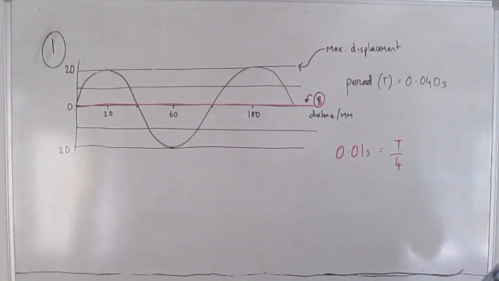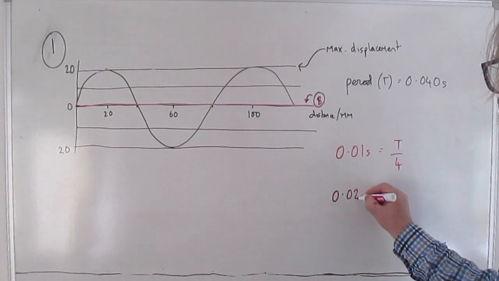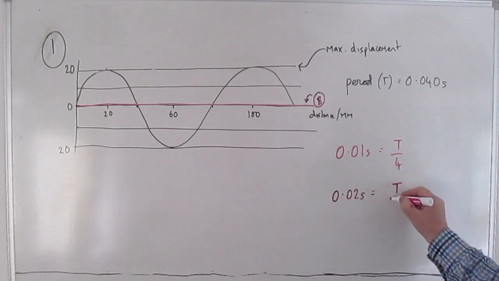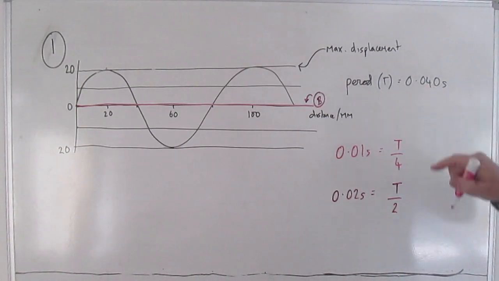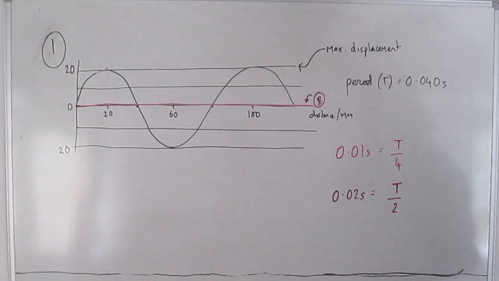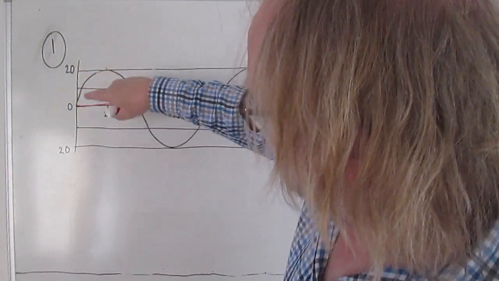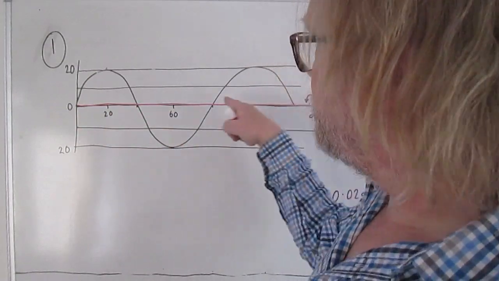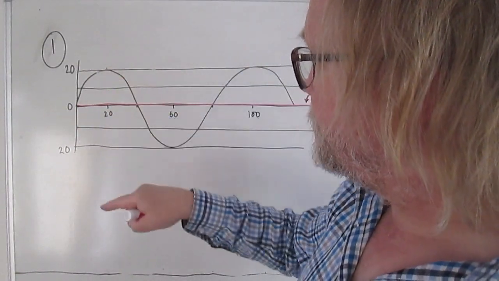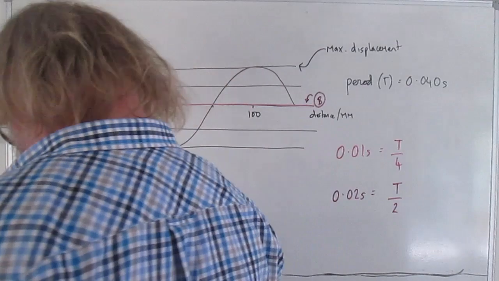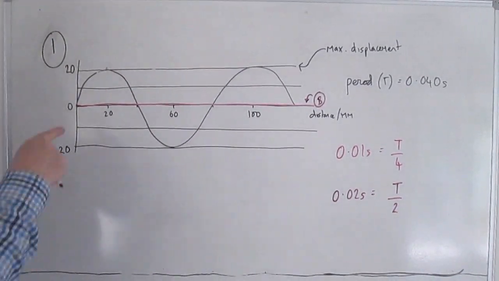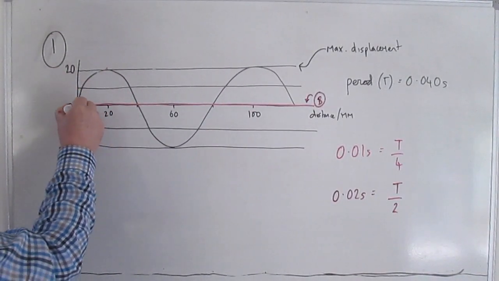Now 0.02 seconds is half a cycle, because it's half of 0.04. So that means that all of these points will have moved down to their mirror image positions around there. So this point will have reached down to there. So what we'll then get is a wave that looks like a reflection of this.